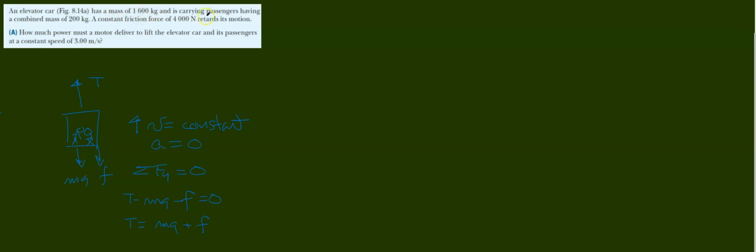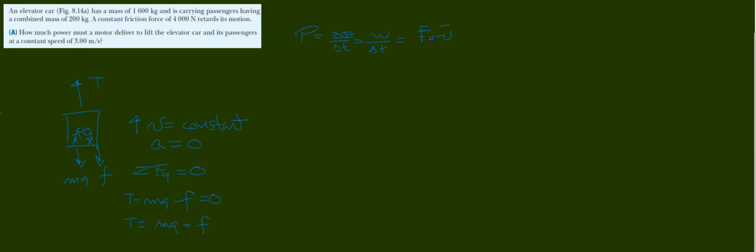We know the mass and we know the friction. The combined mass will be 1600 kilograms of the elevator plus the 200 kilogram people. The first question is, how much power must the motor deliver to lift the elevator at a constant speed of 3 meters per second? This is going to be the average power. We said it's the change of energy over the change in time, which is the work over time, or as I told you, the force times the velocity.